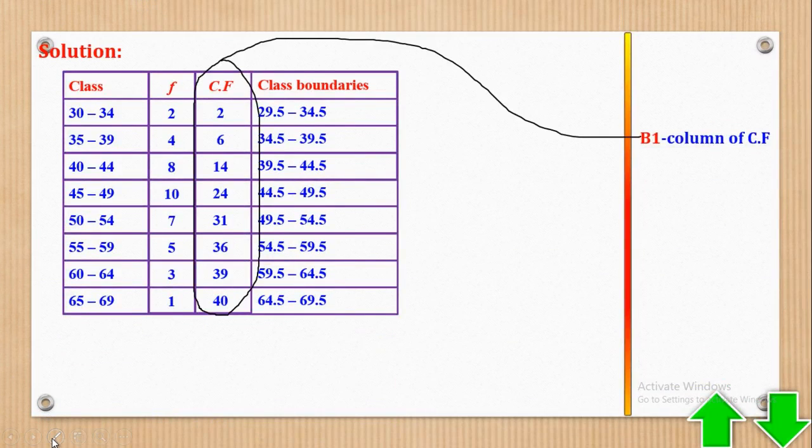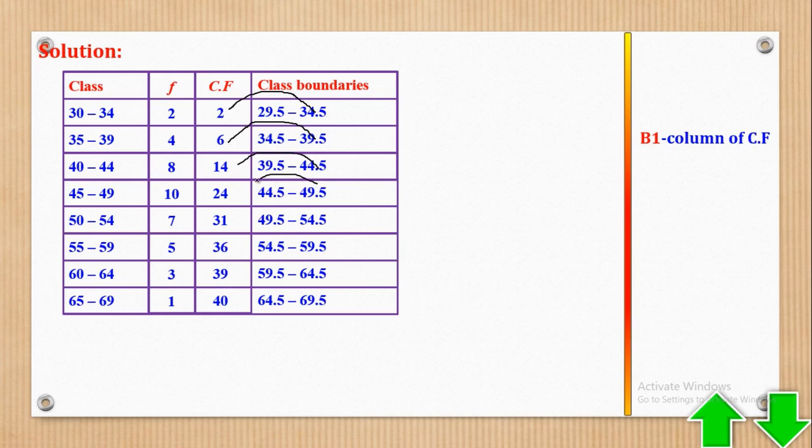You have to plot upper class boundaries with corresponding cumulative frequency. So for 34.5 we shall plot 2, this we shall plot 6, this we shall plot 14, this we shall plot 24, this will correspond to 31, this will correspond to 36, this will correspond to 39, and this will correspond to 40. So let's do that.